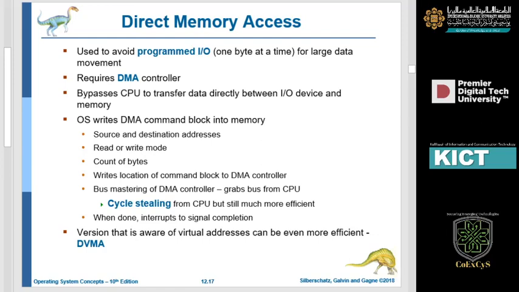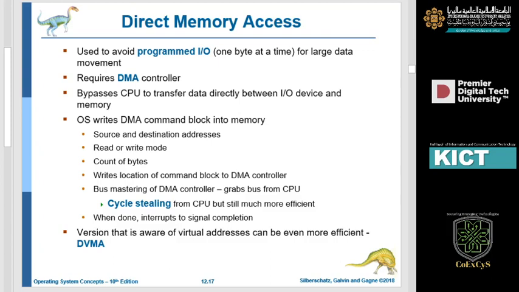Alright, so let's continue to the direct memory access. So, polling is alright, it works. But for a device that does large transfers, such as a disk drive, it seems wasteful to use an expensive general purpose processor to watch the status bit and to feed data into the controller register one byte at a time.